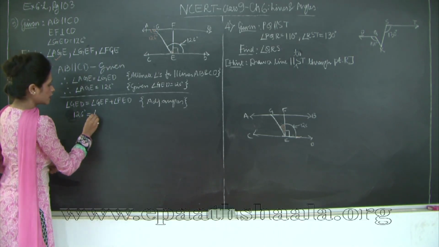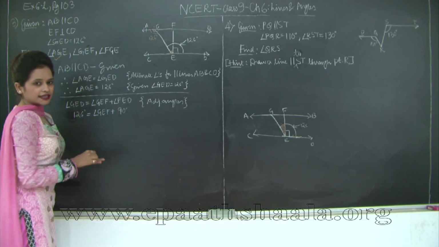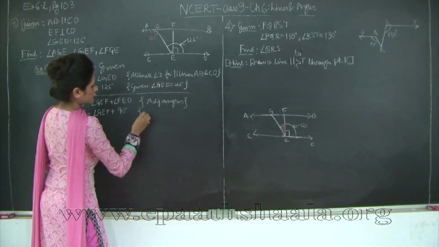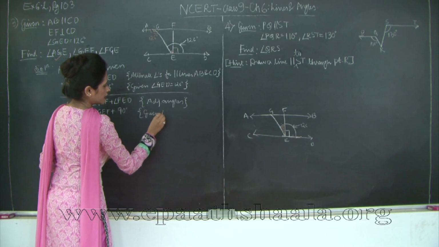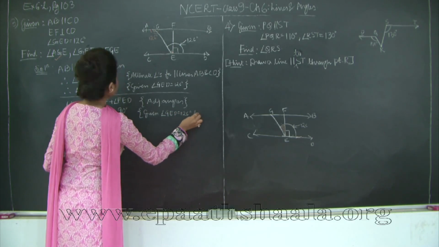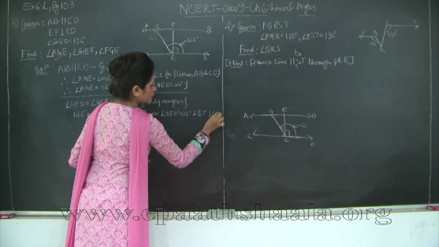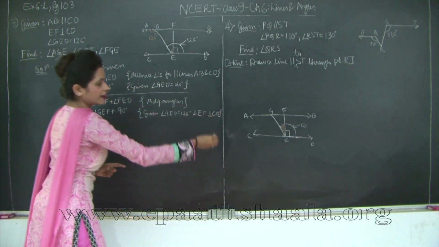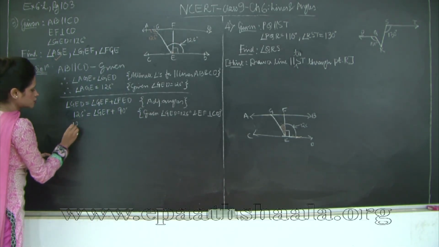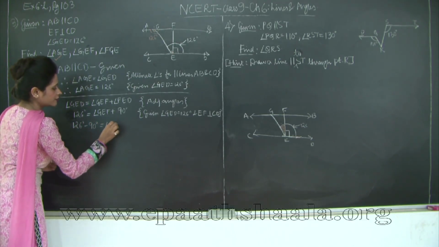We need to find GEF, so I'll leave GEF as it is, plus 90 degrees. So let us write our reasons. Why 126 degrees? Here given that angle GED is equal to 126 degrees and EF is perpendicular to CD. So since EF is perpendicular to CD, I have FED as 90 degrees. So let us take 90 degrees here. So I have 126 degrees minus 90 degrees is equal to angle GEF.